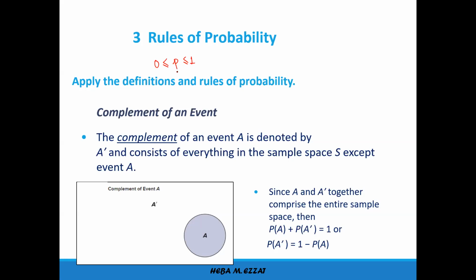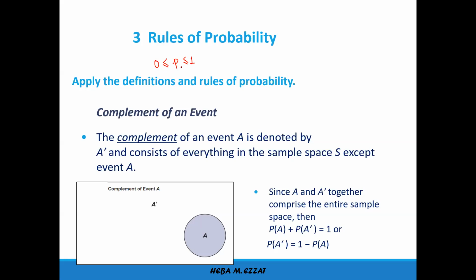So probability is always contained within the range 0 and 1, and of course 0 is included. It can be equal to 0, as we have watched in the empirical probability. The probability of getting 1 was 0.